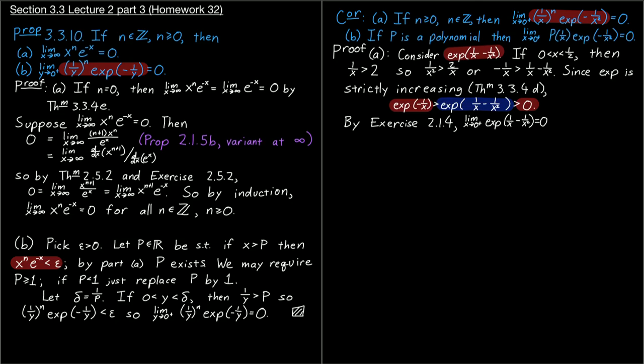All right, so by proposition 2.1.5, if C, I guess we do only need that at a finite point. We need the variant for one-sided limits.